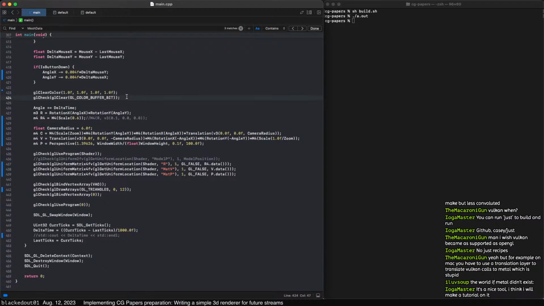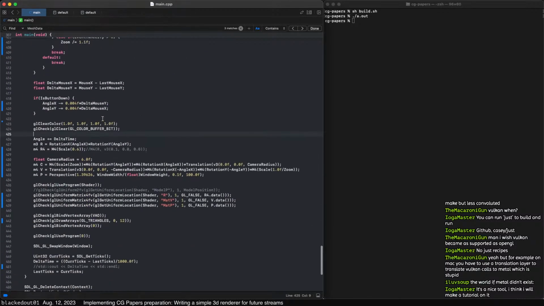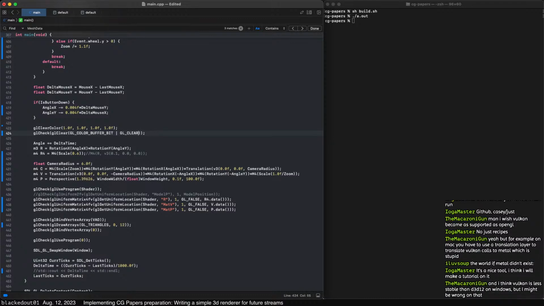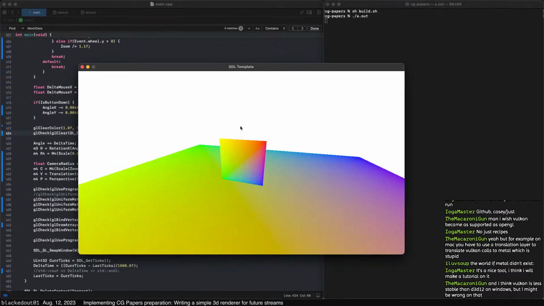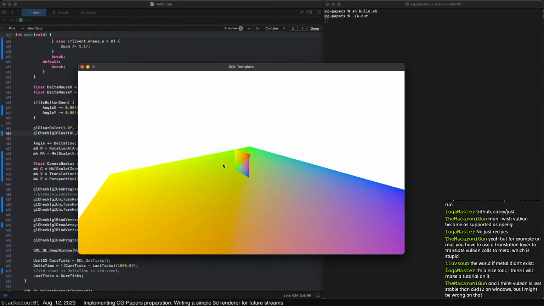I mean, I'm subscribed to you anyway, but so I need to clear the depth buffer. Depth. Okay, so now we have a ground and one side of the cube.